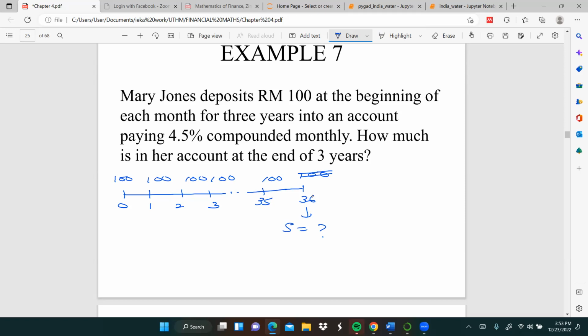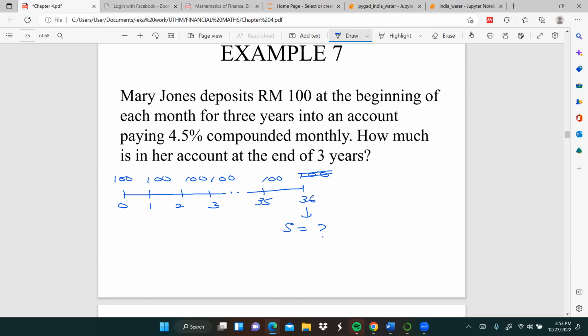Payment dia tetap 36 lah, tapi dia start daripada 0. Now we wish to determine the accumulated value at the end of the 3 years, or time 36, which is one period after the final payment.